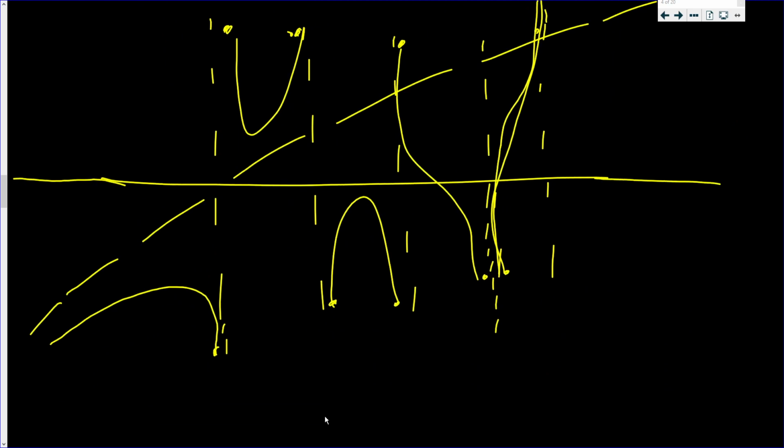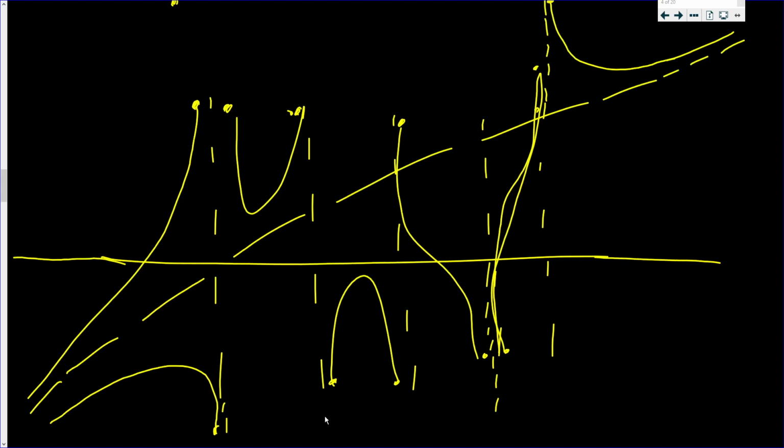If you happen to be up here, well, then you're just going to come like this. You're going to get closer and closer to that horizontal line. If you oblique asymptote, if you were down here, you would get closer and closer that way.